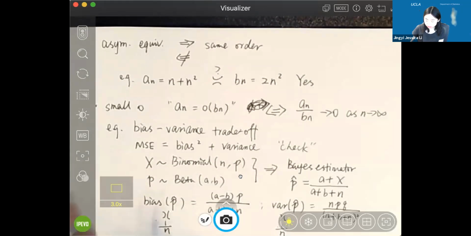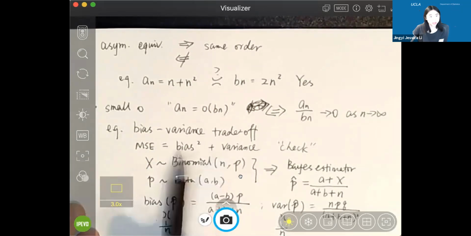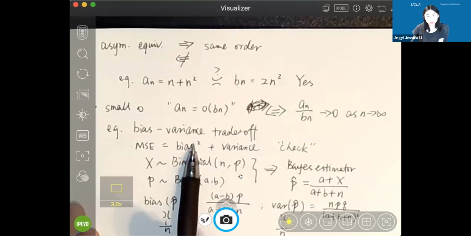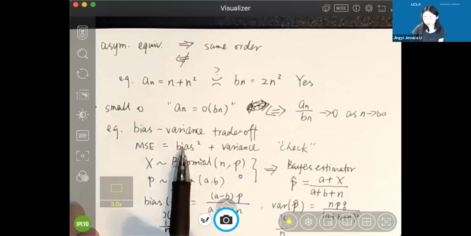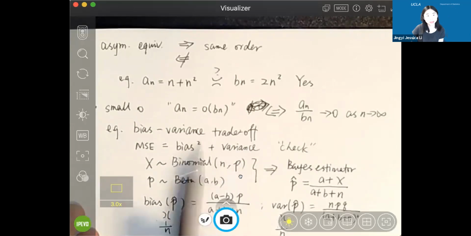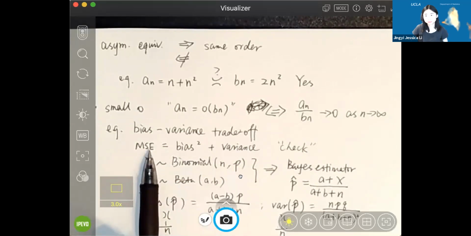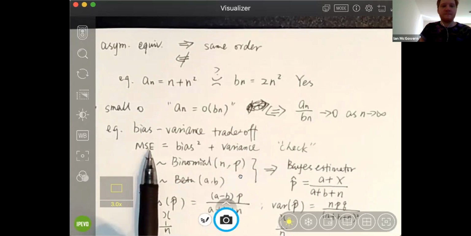But if we come back to this variance-bias trade-off, here we need to square the bias but keep the variance. Which one, the bias or the variance, will dominate the MSE? The variance, correct, because we are going to square the bias.